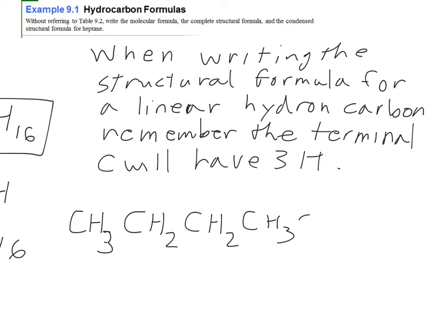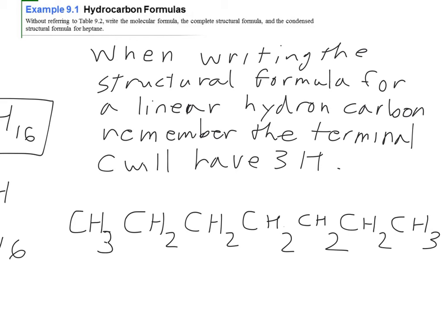Whoops, I messed up. I was so busy counting carbons, I forgot to count. And now I've totally lost count. 1, 2, 3, 4, 5, 6, and now I need my 7th carbon, and that 7th carbon is going to be a terminal carbon as well. So that's my condensed formula.